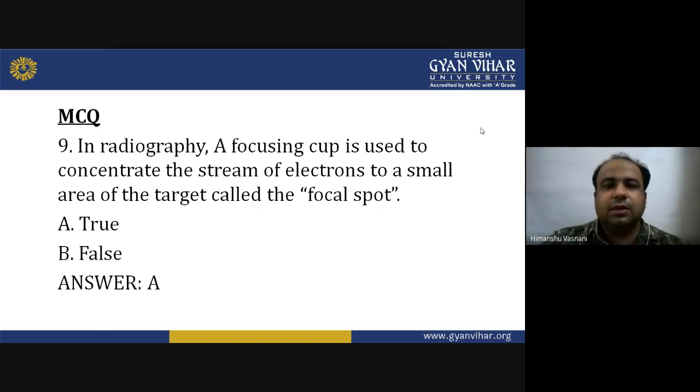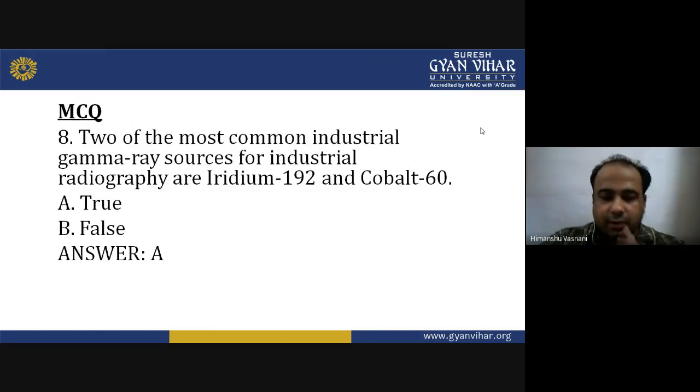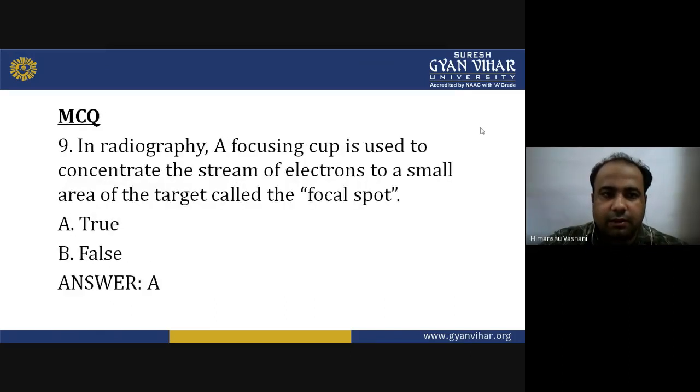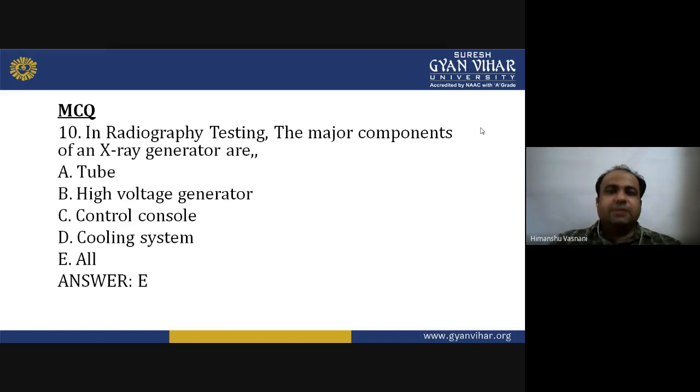True. Next question: in radiographic testing, the major components of an X-ray generator are the tube, high voltage generator, control console, cooling system, or all of these. The answer is all of these, E.